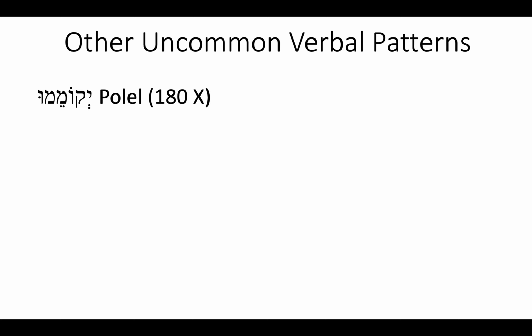So there's one verbal pattern, Polel, which shows up 180 times in Biblical Hebrew. And in the Polel, these only apply, as far as I know, to verbs that are what we call middle weak, or in other words, roots where the middle letter is vav or yod. So our root here is qof vav mem, which means to stand up or rise up.